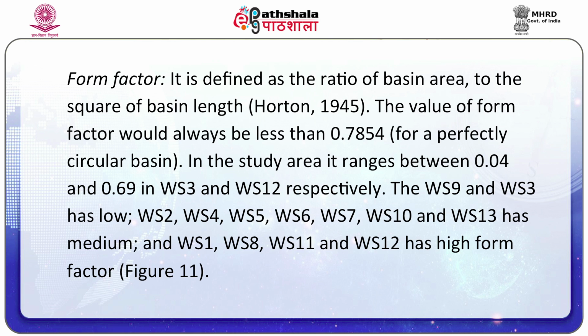In the study area, it ranges between 0.04 and 0.69 in watersheds 3 and 12 respectively. Watersheds 9 and 3 have low, watersheds 2, 4, 5, 6, 7, 10 and 13 have medium, and watersheds 1, 9, 11 and 12 have high form factor. Refer to figure number 11.